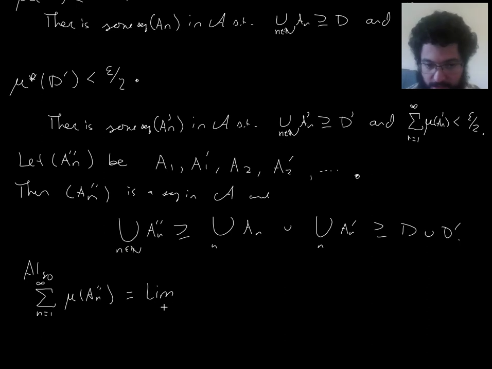If the series converges, then it would be equal to the limit of the sequence of partial sums. That's the definition of what a series is, right? So the limit as capital N goes to infinity of the partial sum up to capital N.